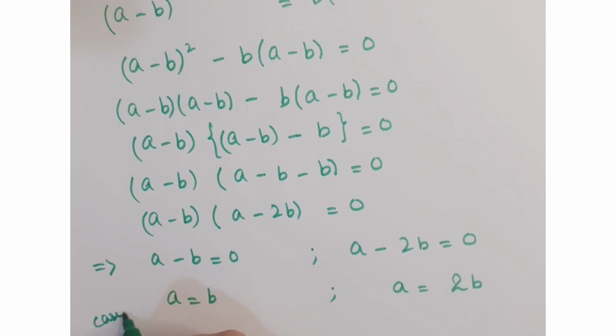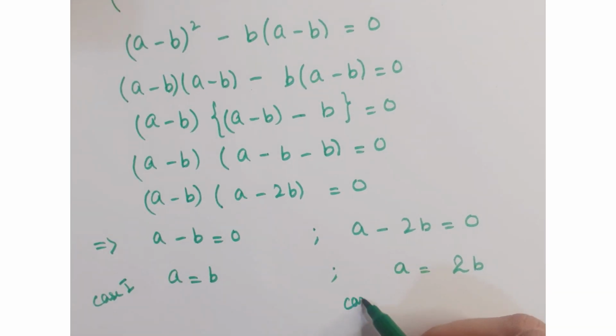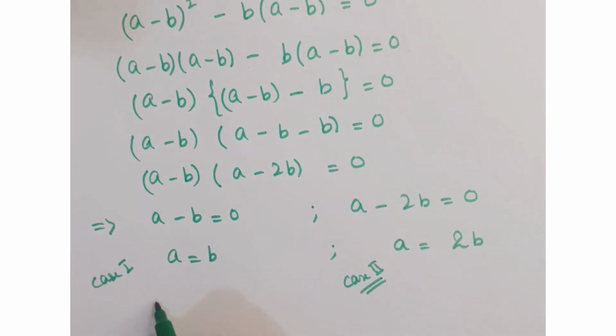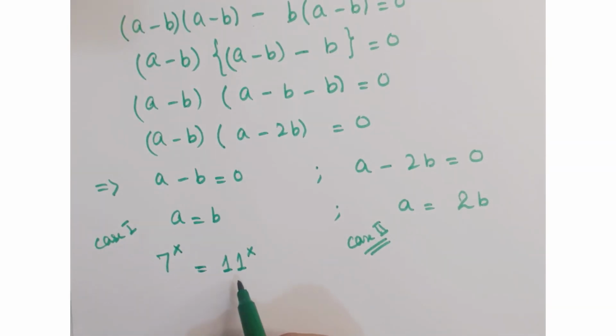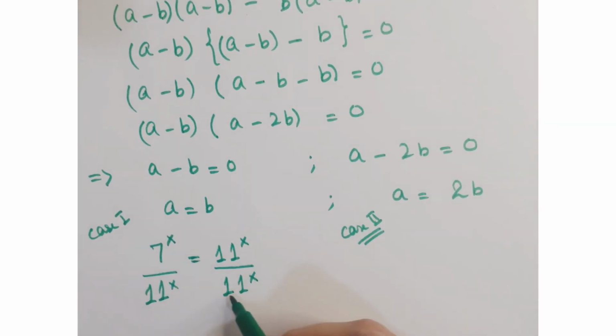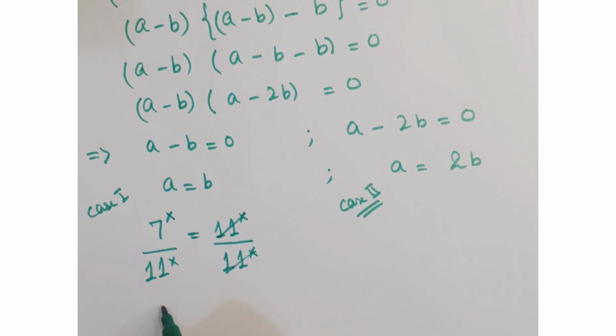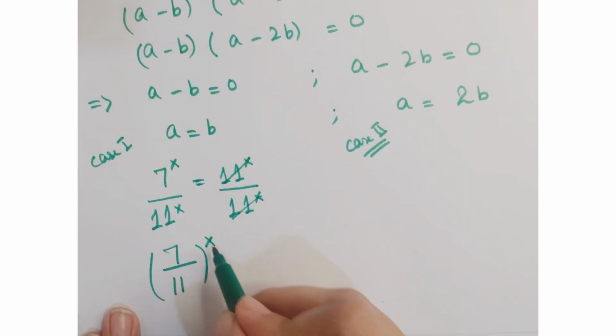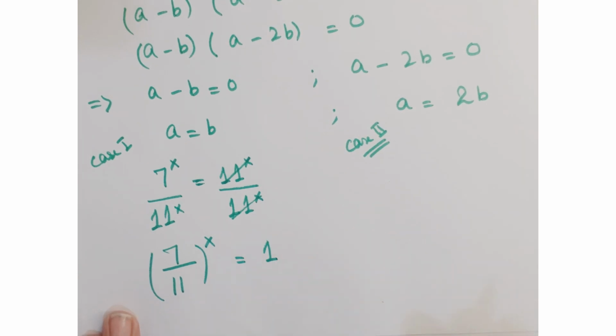Taking this as case 1 and this as case 2. We assumed that a is 7^x and b is 11^x. Now divide by 11^x on both sides, so this term gets cancelled. Now you can put 7 upon 11 in a single bracket whole to the power x equals 1.